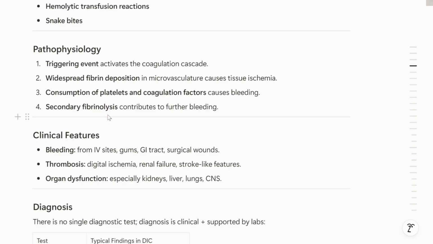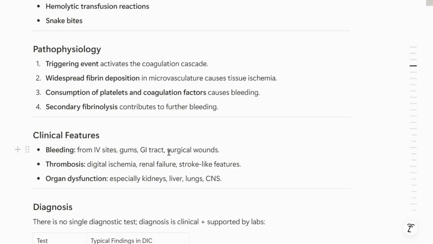So what will be the clinical features? A patient who is suspected to have DIC is likely to bleed from almost every site, especially from the IV cannula site. They can bleed from their gums and even from the surgical wounds, or they can experience an upper GI bleed, which is quite rare.